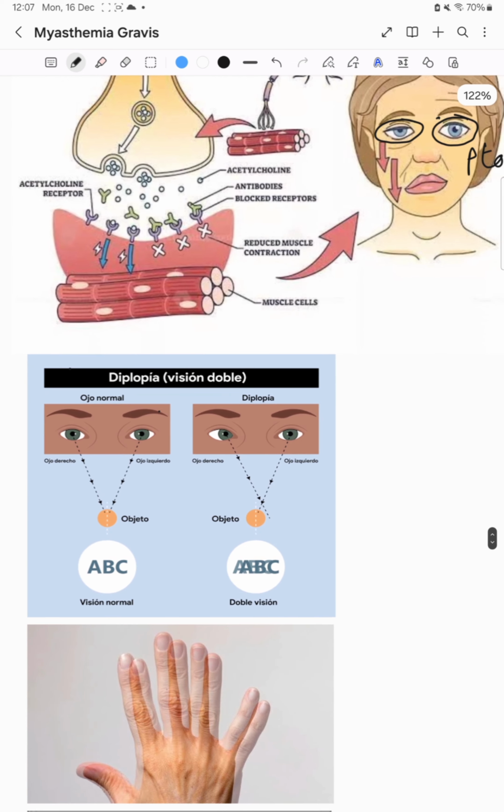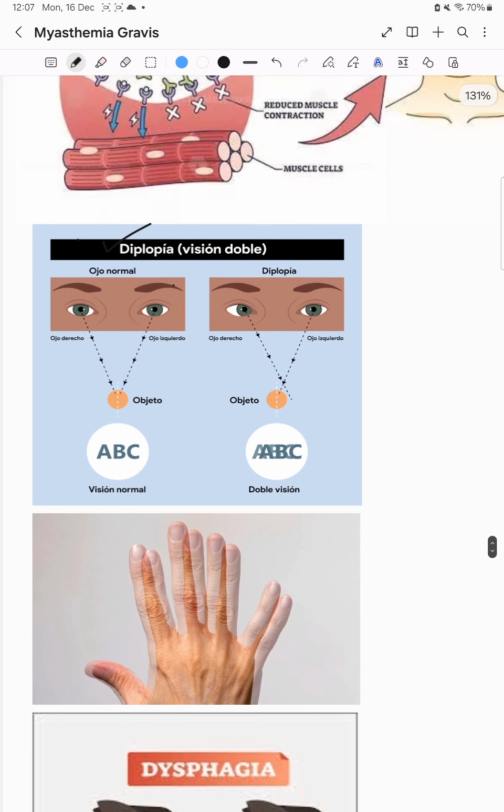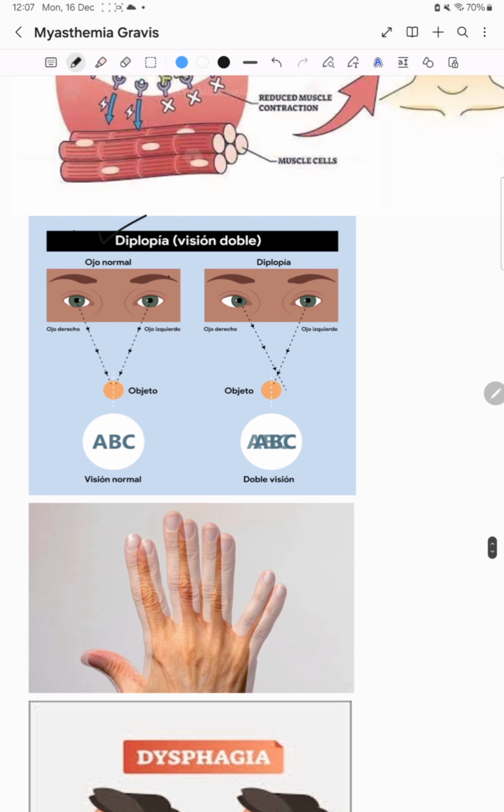Next is diplopia. Diplopia means double vision. A person sees the object with an overlap, getting hazy and double.